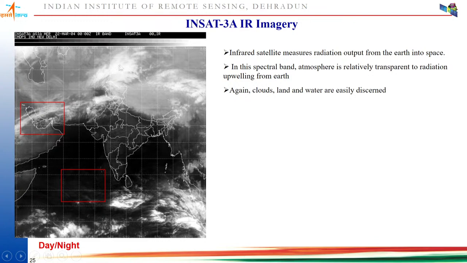The clouds have low temperature and land or water has high temperature. Here we can see that the coastlines, that is the water and the land, are clearly separable, and the clouds are easily identifiable in the infrared image.